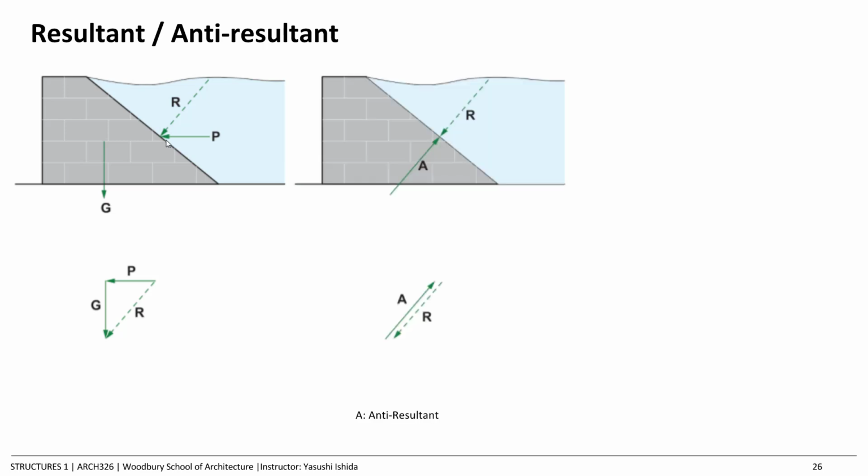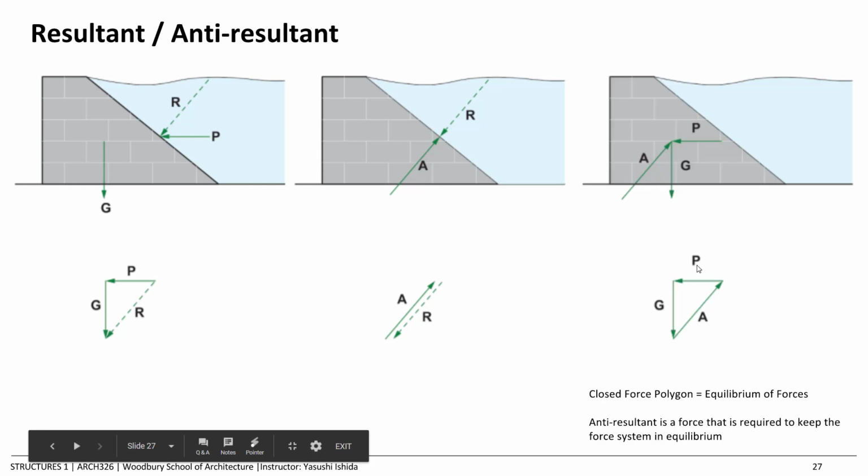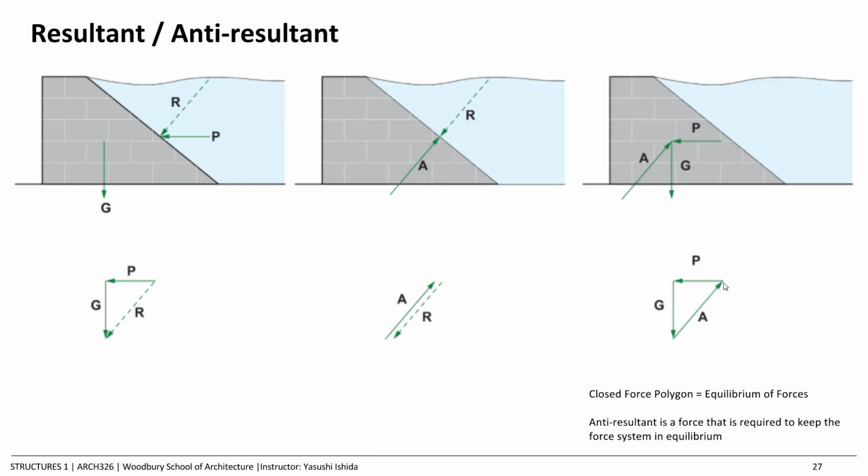That means there has to be a reaction, which is the exact opposite of this R. I'm calling this the anti-resultant, which I will reveal to you next, basically PG, and there has to be this force A acting at the face of this concrete, pushing against the water.